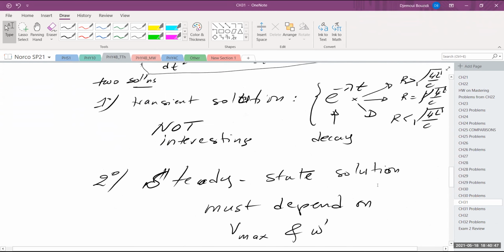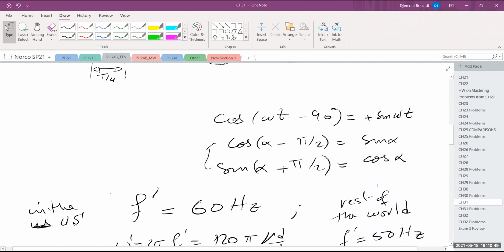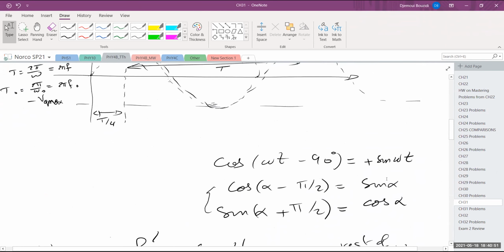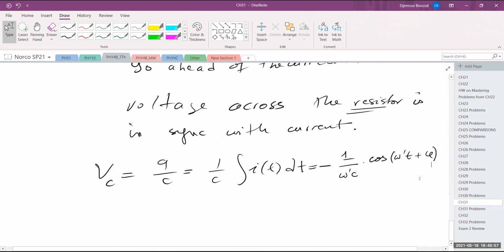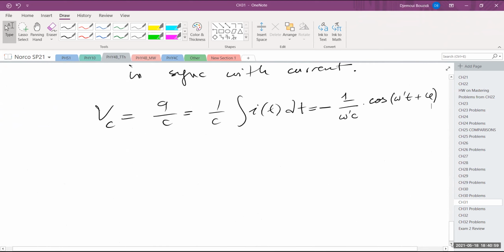So for me to do that, I'm going to use the other trig identity that we saw today. Did we see it? No. It's actually easy to see. Sine of alpha minus pi over 2 is the same as negative cosine of alpha. Let's see why. Sine alpha cosine pi over 2 is 0, minus cosine alpha sine pi over 2, and so this is actually a minus sign in here, okay?